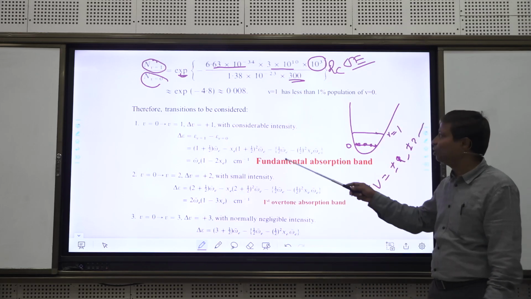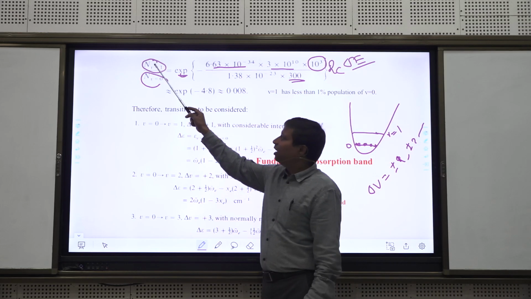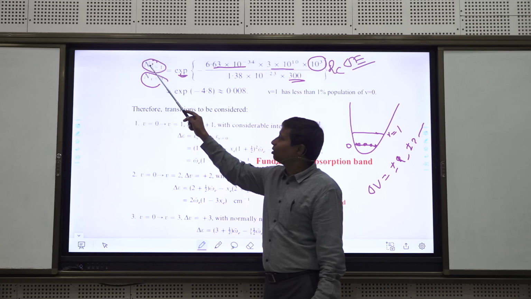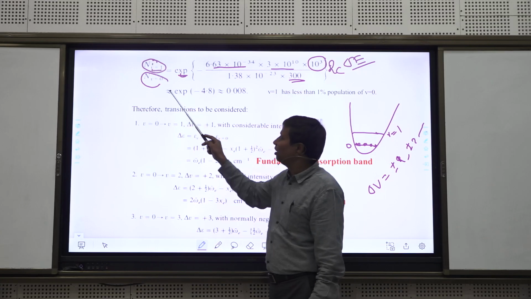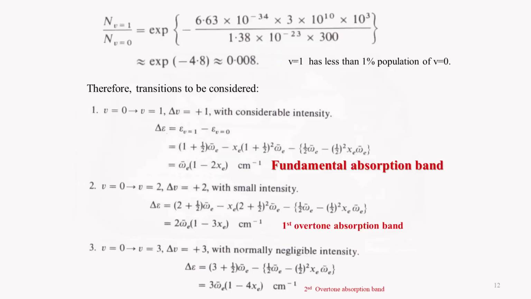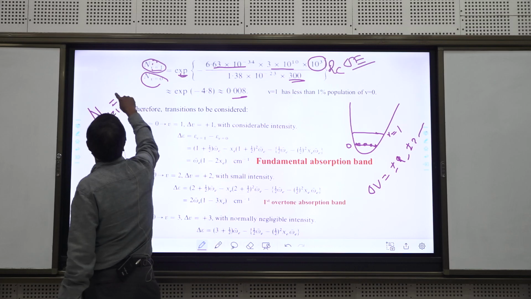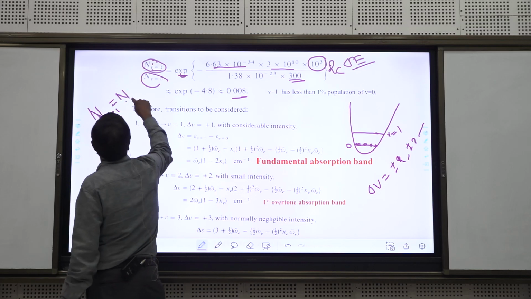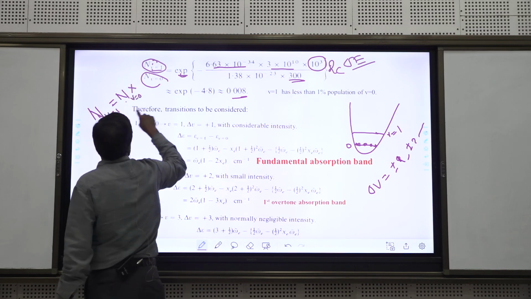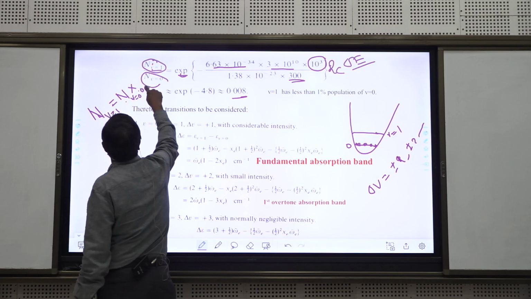If you see this, then the population at V equal to 1 is not even 1%. It is less than 1%. This means that n at V equal to 1 is n at V equal to 0 times 0.008.